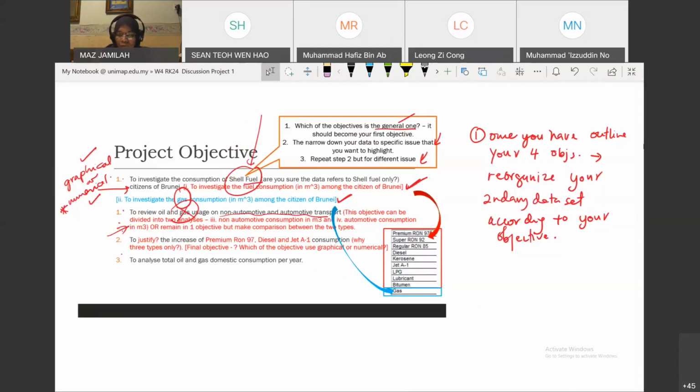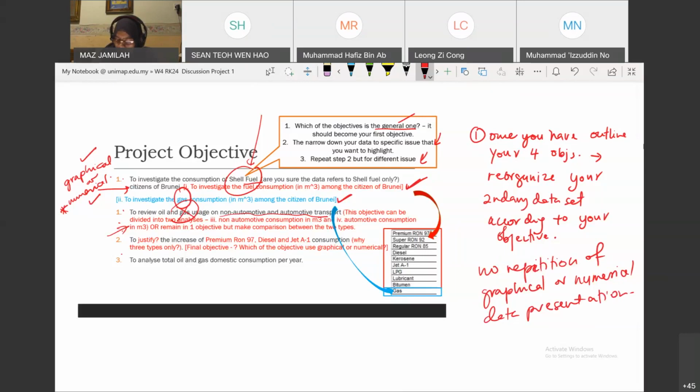And from one objective to another objective, there will be no repetition of graphical or numerical data presentation.